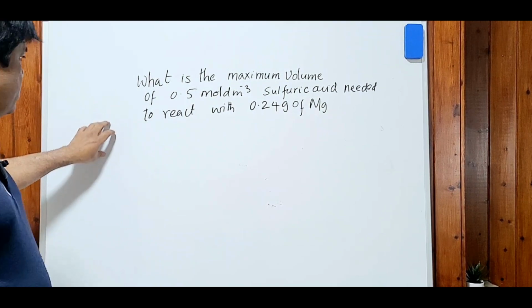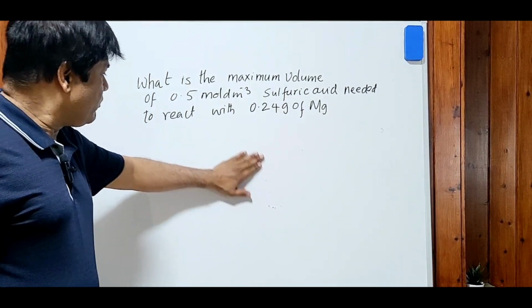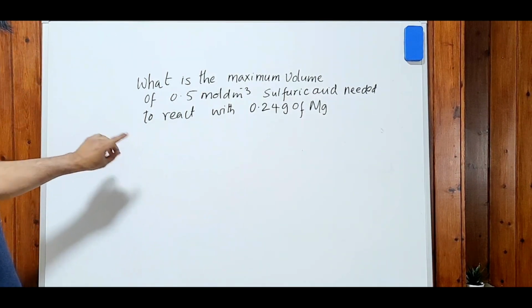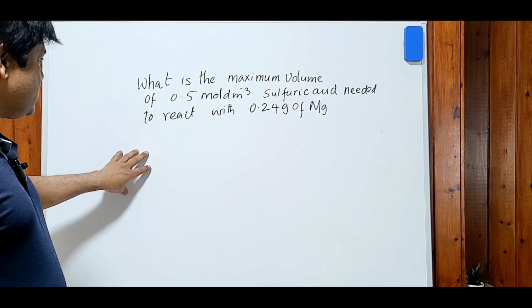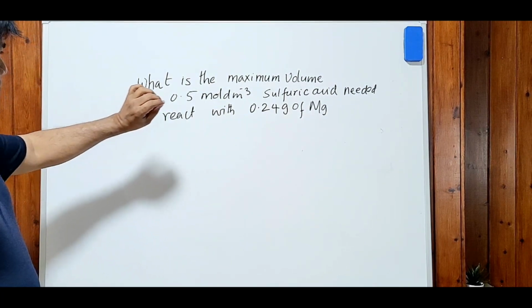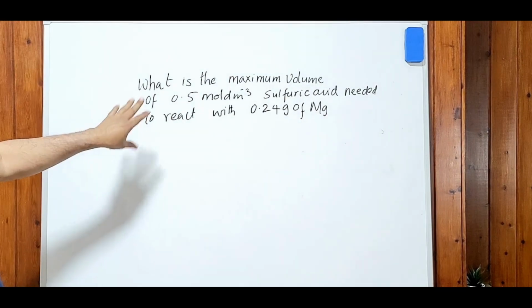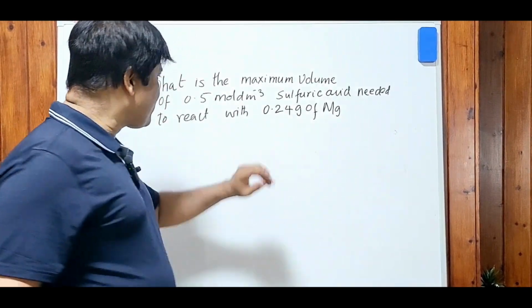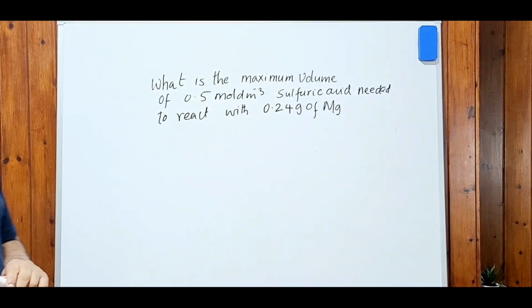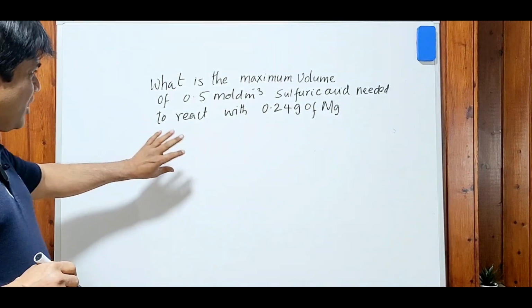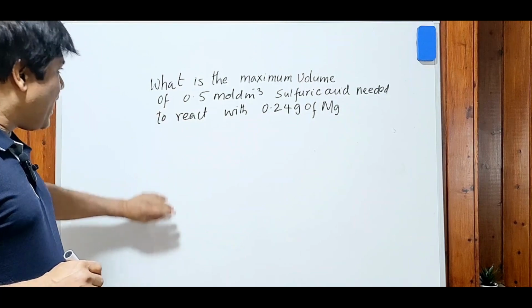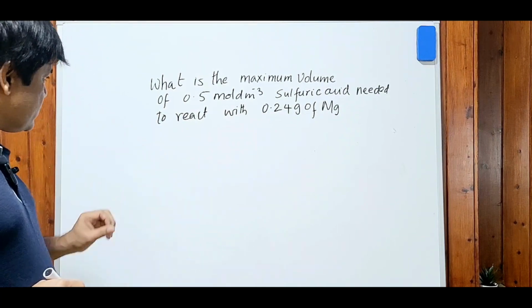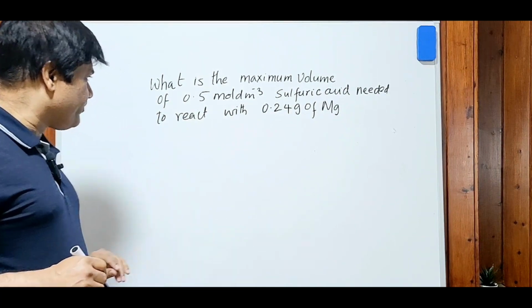Look at this question. In that question, we have to work out the volume of the sulfuric acid. What is the maximum volume of 0.5 mole dm minus 3 sulfuric acid needed to react with 0.24 gram of magnesium? It's a kind of stoichiometry and concentration question. They clubbed both together.